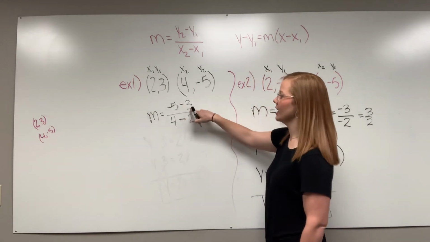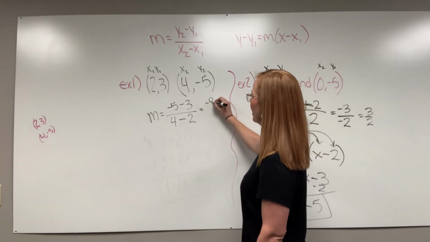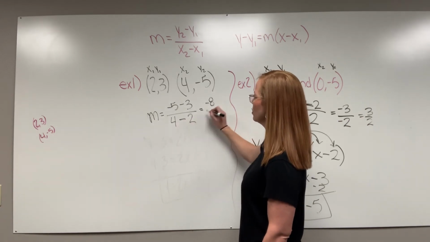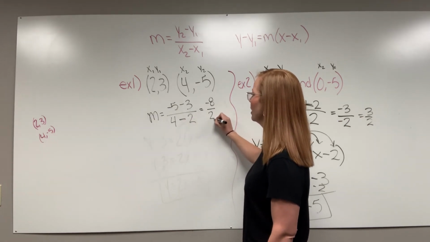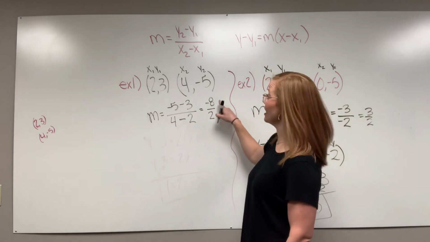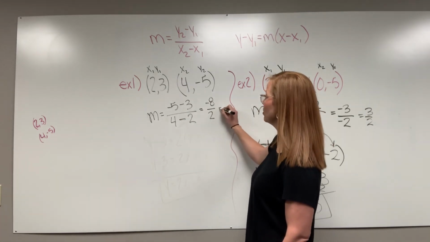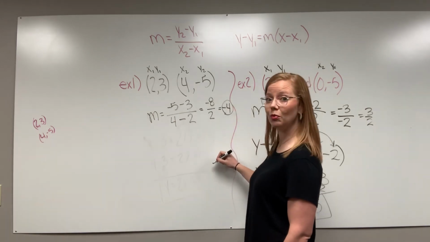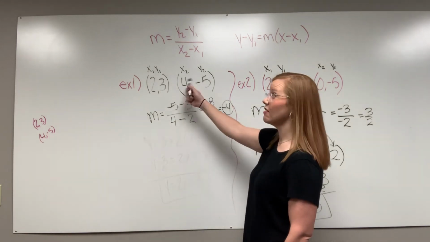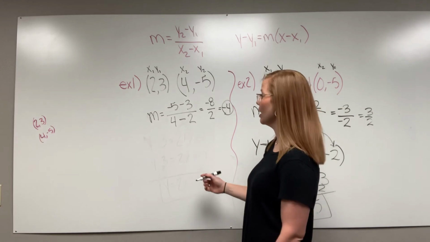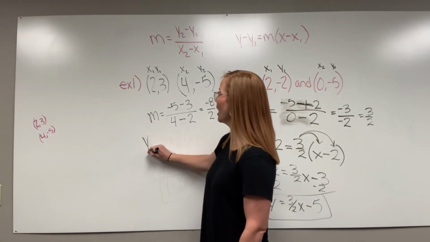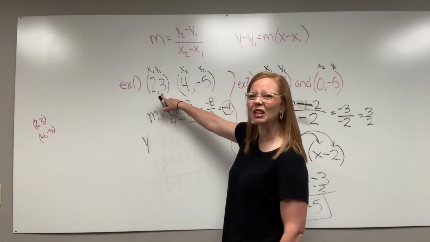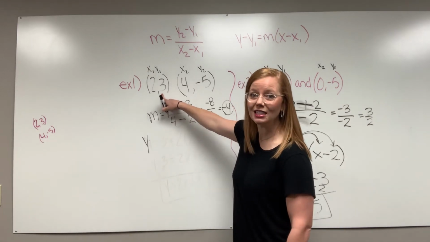Negative 5 minus 3 gives me a negative 8. 4 minus 2 gives me a 2. This fraction will simplify. Negative 8 divided by 2 gives me a negative 4. There's my slope. Slope, pick your favorite point. It doesn't matter which one. I'm going to pick this one because it's already positives. That way I don't have to worry about any double negatives.